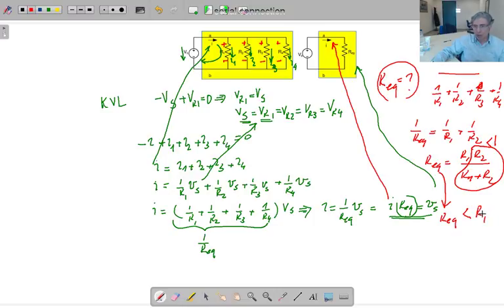So the equivalent resistance value is smaller than the smaller resistor's resistance value. That is a conclusion. You can check yourself whether you made a mistake or not while we are calculating the equivalent resistance value. So what is the use of all these things?